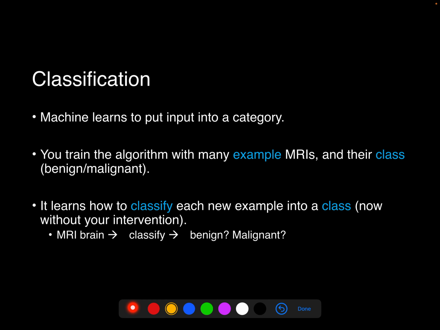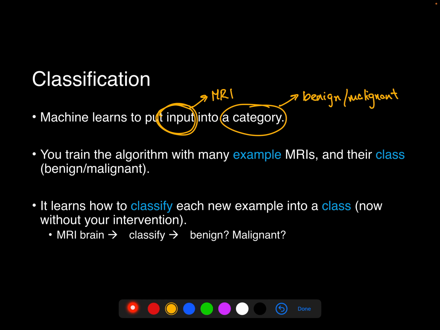In classification, a machine learns to put whatever you input, in our case the MRI scans, into a category, so benign or malignant. What you do is train the algorithm, so you train the computer with many example MRIs, so previous MRIs, and whether those MRIs were benign or malignant.